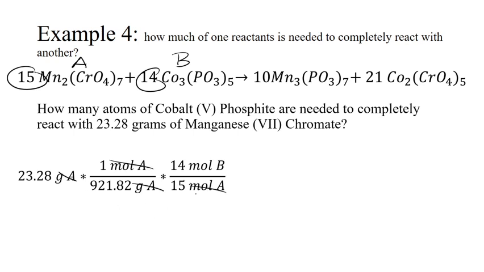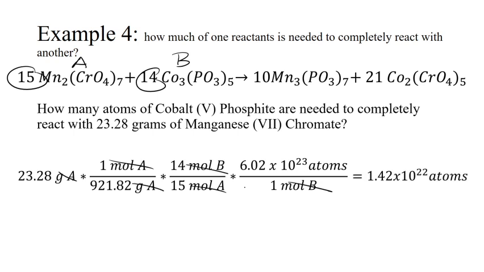And then we are converting this time to atoms or molecules. All right, so we're not going to use molecular mass. In this case, we're going to call upon our good friend Avogadro. Make sure our moles cancel out. We're going to do some math. And we find that we are going to need 1.42 times 10 to the 22 molecules of cobalt 5 phosphite to completely react with that much of our manganese chromate.